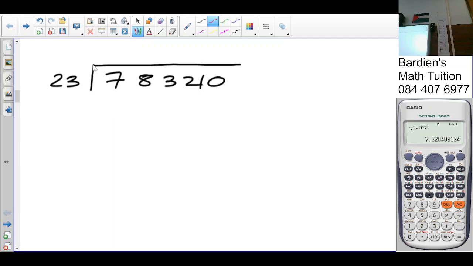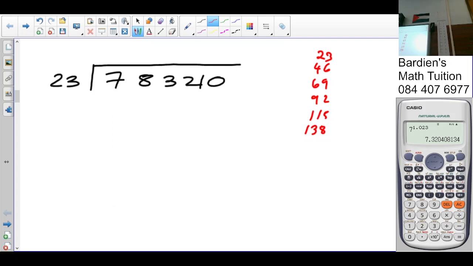Yes, Michael? Instead of long division, this one I can't do short division now. So this is how I do it. I first write down a few multiples of 23. So it's 23, 46, 69, 92, 115, 138. Let's see if that is enough.